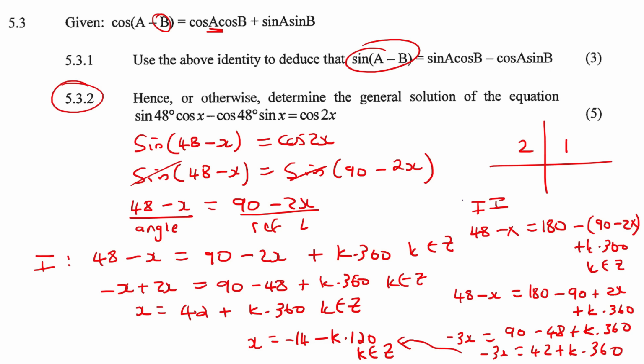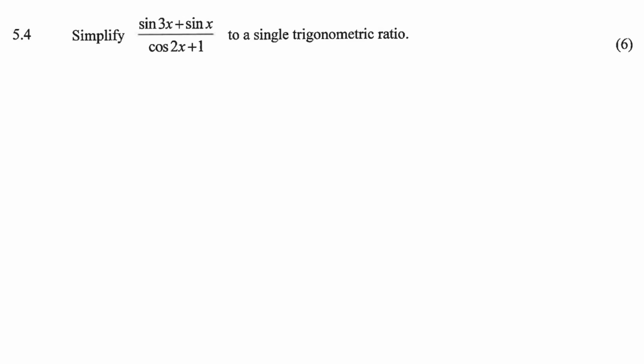Simplify sin 3x plus sin x over cos 2x plus 1. So we're definitely going to use our double angle formulas, because whenever I see a 3, I know that it's better to change that to 2x plus 1x. Okay, so here are all the formulas. As I said, the first thing I would do is change that sin 3x to sin of 2x plus 1x.